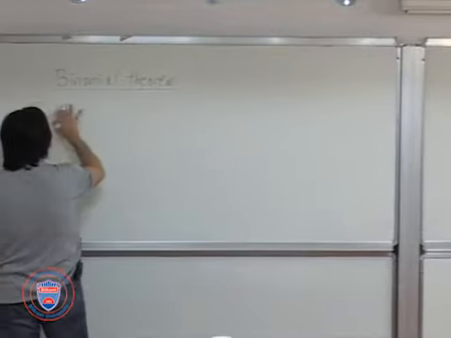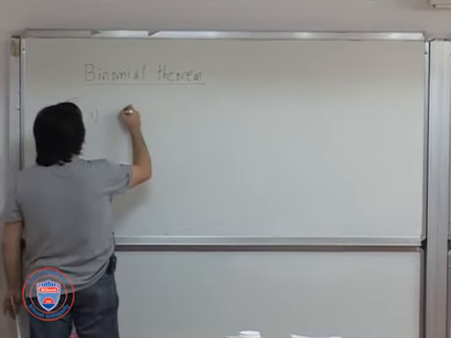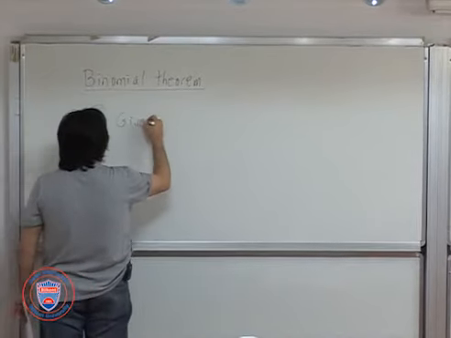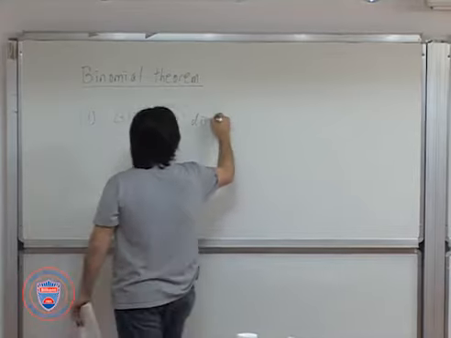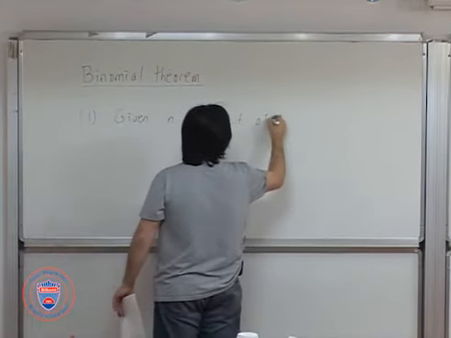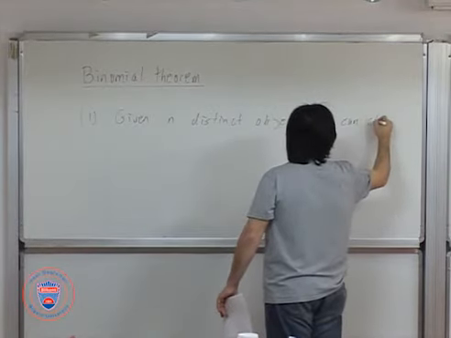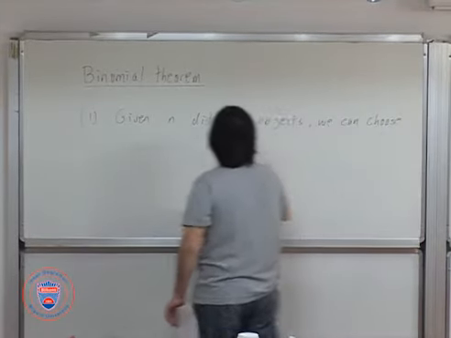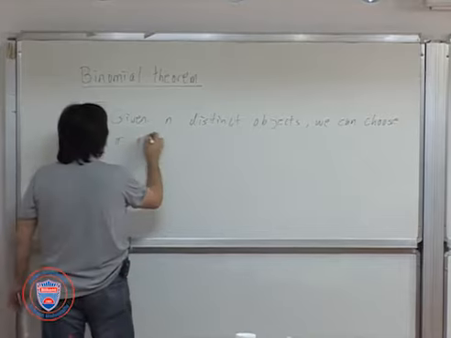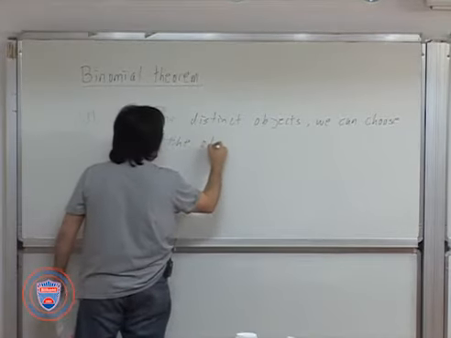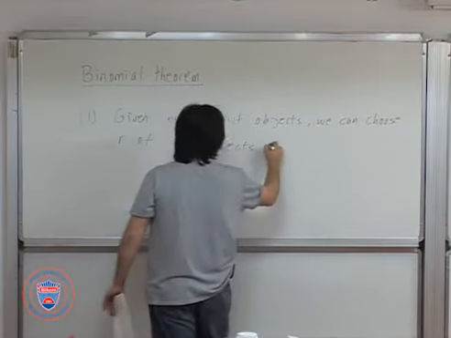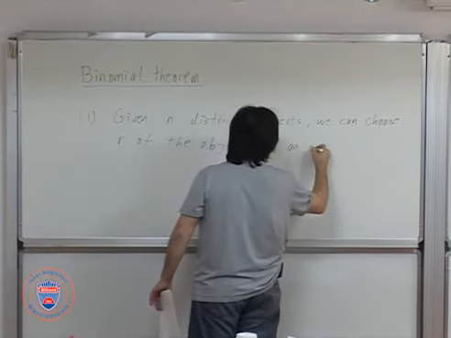So, given n distinct objects, we can choose r of these objects in an ordered way.